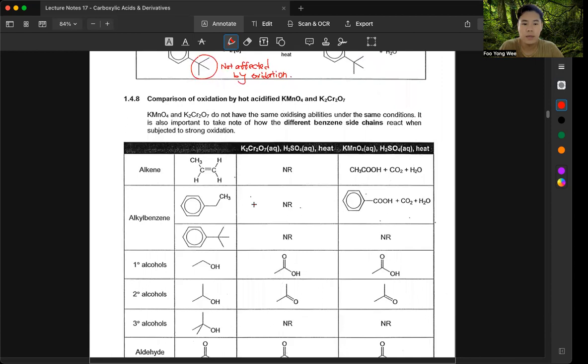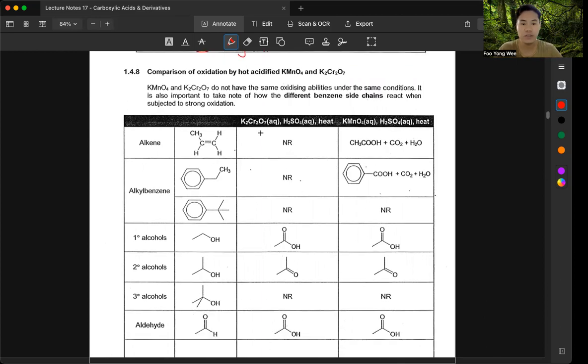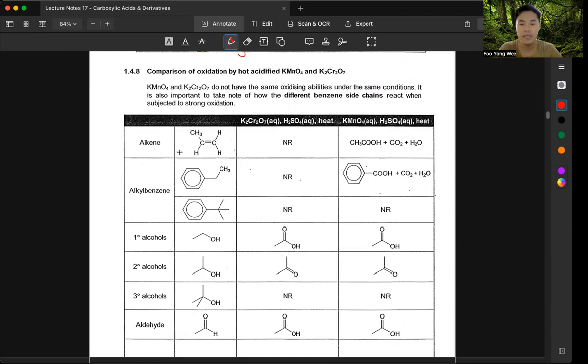Now, if we compare between potassium dichromate and potassium manganate, they have different oxidizing abilities. Benzene side chain will react when subjected to strong oxidation. For alkene, let's repeat this.